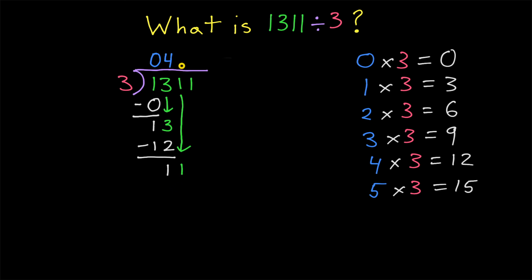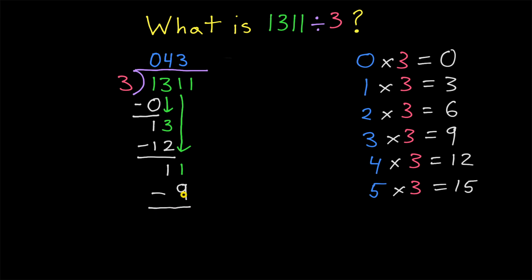So go ahead and write this 3 beside the 4. And now take this 3 and multiply it by the divisor. So take 3 times 3 and write the result under 11. We already did this math. 3 times 3 is equal to 9. So write the 9 over here and put a little subtraction sign.